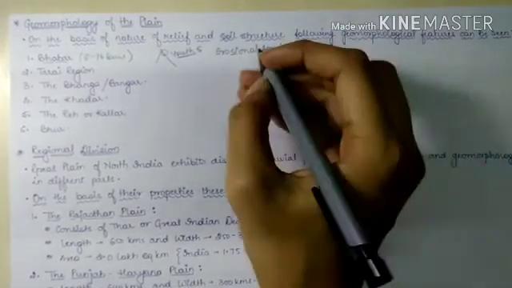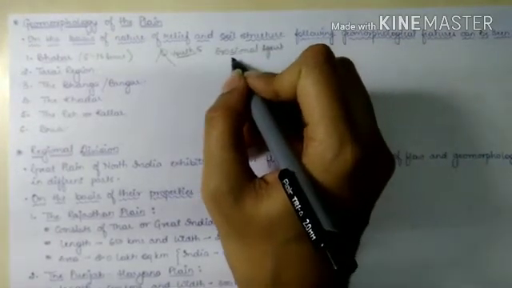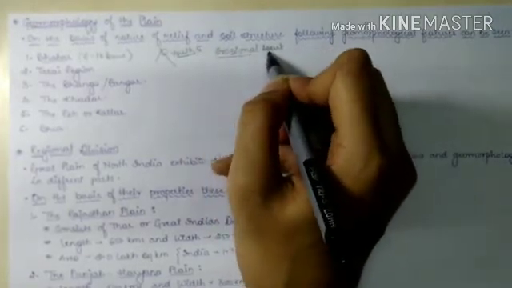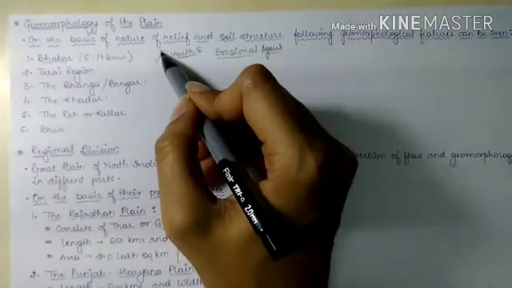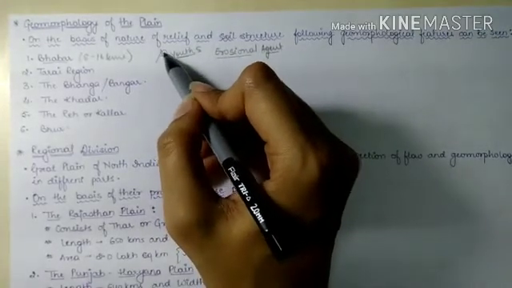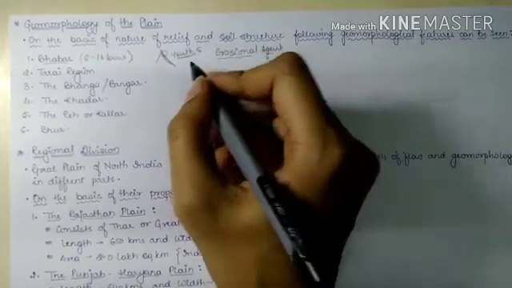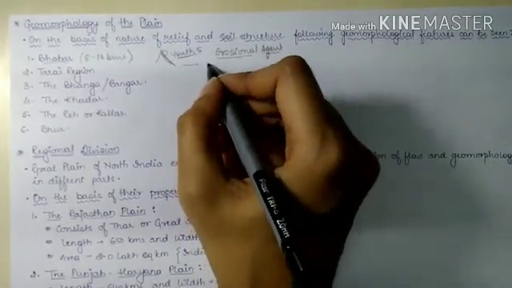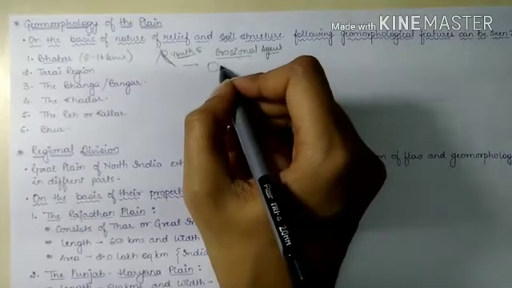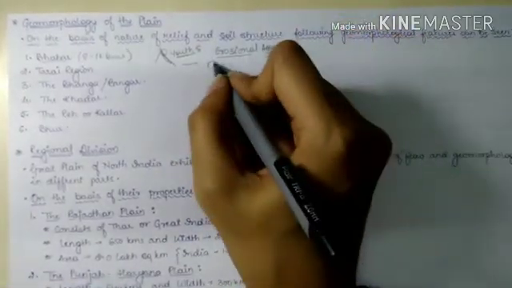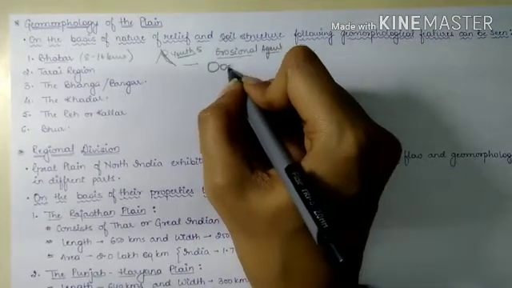Now it works as an erosional agent, because during the youth stage the river cuts down the mountain into big boulders, cobbles, and pebbles. So they are actually heavy stones.